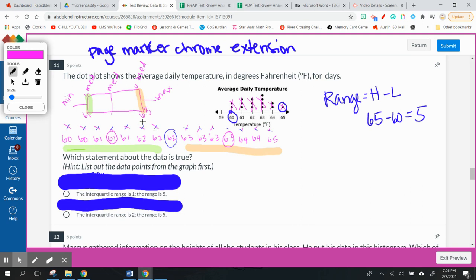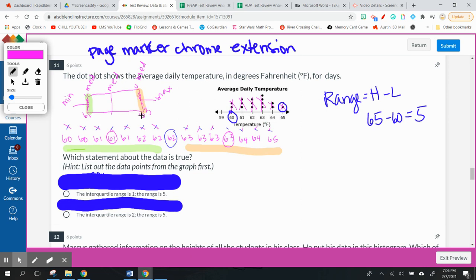Okay, so again, what we did is found our median of our data, and that divided our data into our lower data and our upper data, which is super important because our box, our interquartile, if we want to find the range of it, that means we need to have the lower median and the upper median, and that's exactly what we found here with 61 and 63.